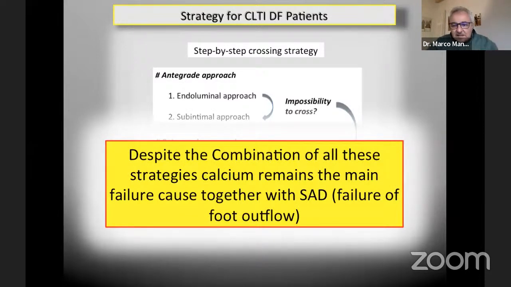Probably, despite all these technical tricks and their combination, calcium remains the main cause of failure, together with the presence of small artery disease.